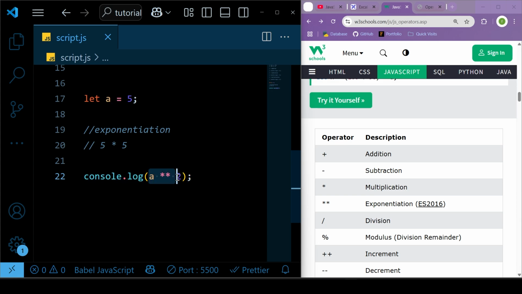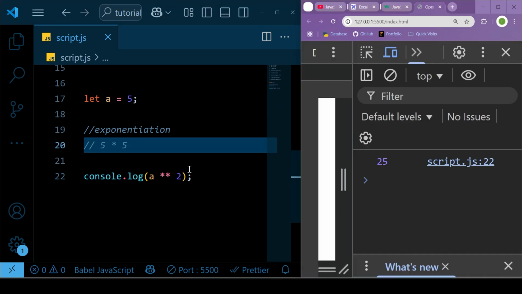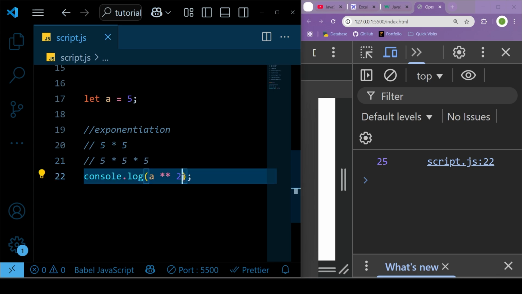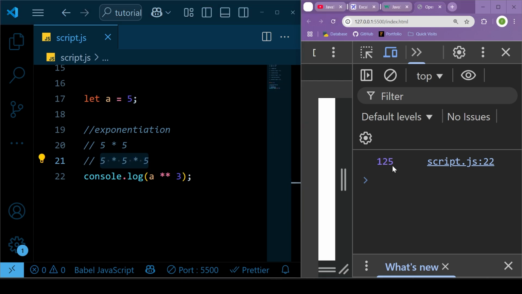So this will be equivalent to simply 5 into 5. Okay. So let's say we want to have simply the cube, that is 5 into 5 into 5. That time, instead of 2, we will simply write a exponentiation 3. So this will be equal to simply 5 into 5 into 5. So see, we got 125.